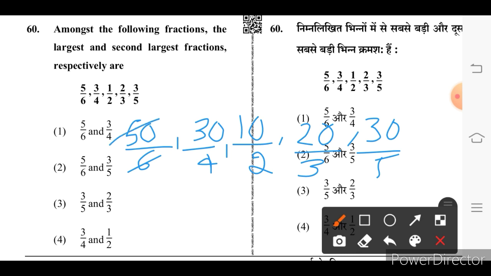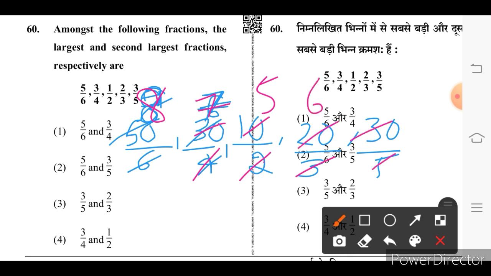Cancel it. 3 in the 6 table, 6 sixes are 36, 6 eights are 48. In the 4 table, 4 sixes are 24, 4 sevens are 28, 2 fives are 10, 3 sixes are 18.